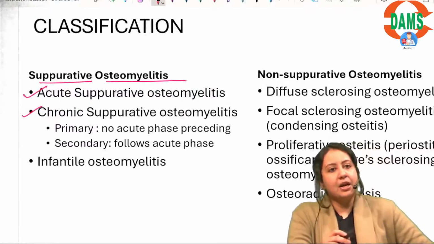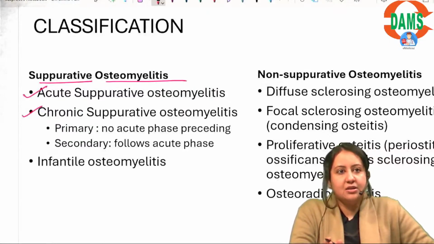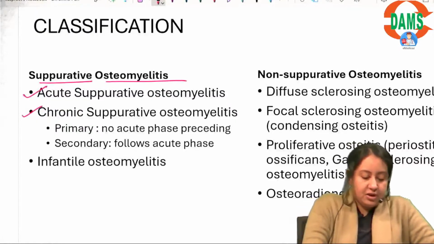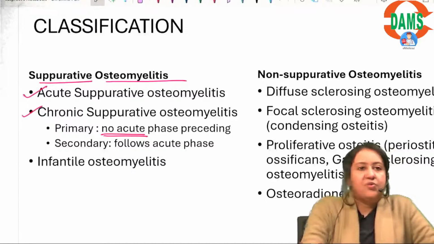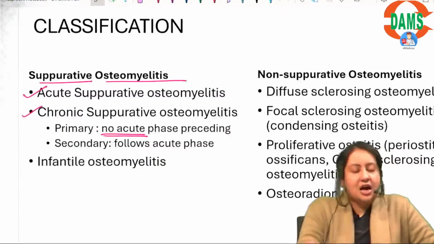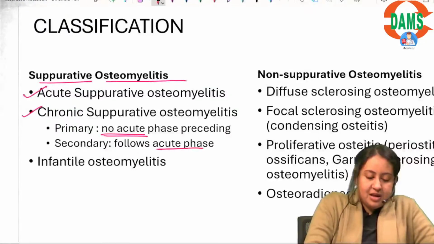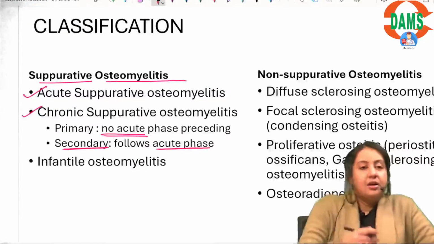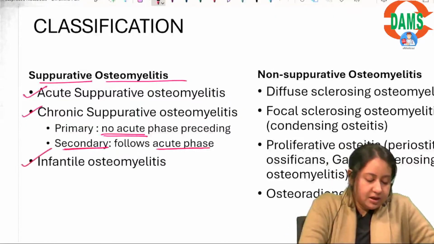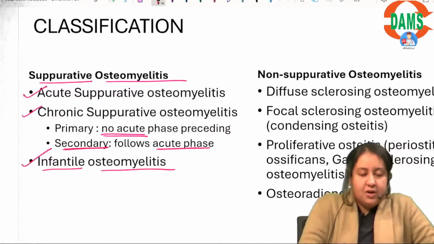Primary chronic suppurative osteomyelitis does not have an acute phase. However, secondary chronic suppurative osteomyelitis has an acute phase; the chronicity develops after an acute phase. The third one is infantile osteomyelitis.